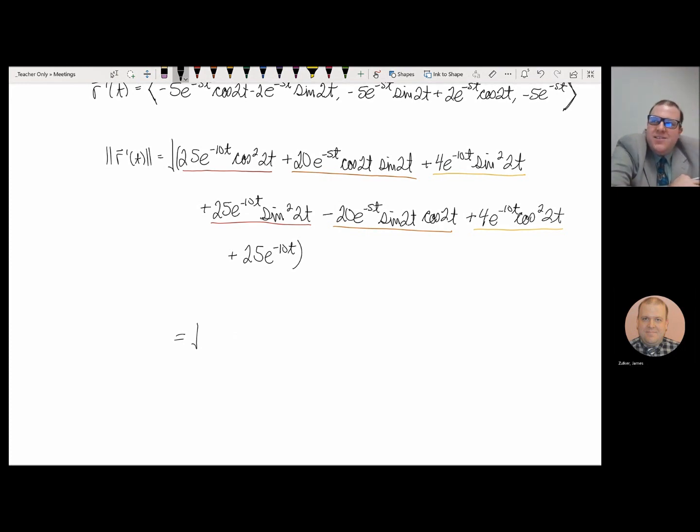The two red will simplify to 25e to the negative 10t. The two orange simplify to 0. The two yellow simplify to 4e to the negative 10t.